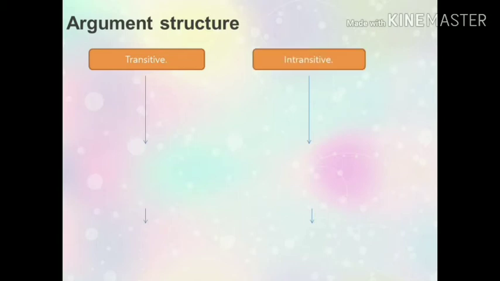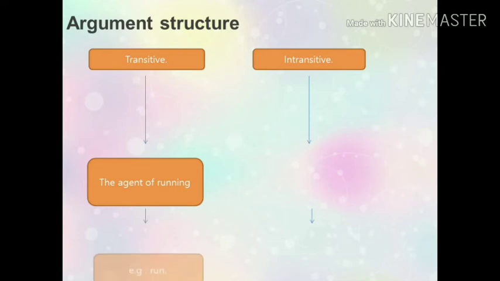And then argument structure. There are two types of argument structure. The first one is transitive, and the second is intransitive. Transitive is the agent of running. For example, I run.